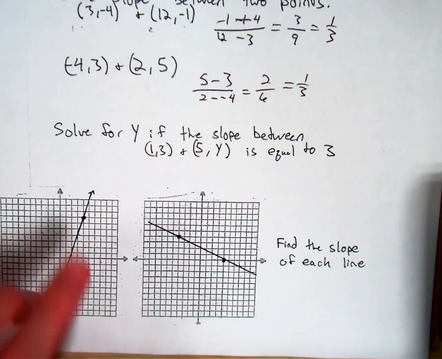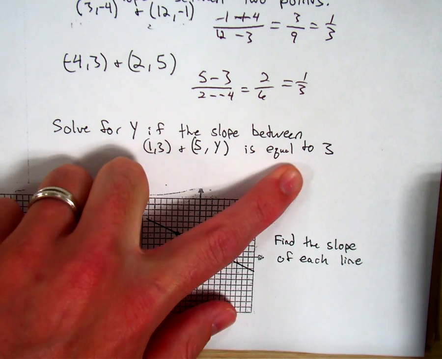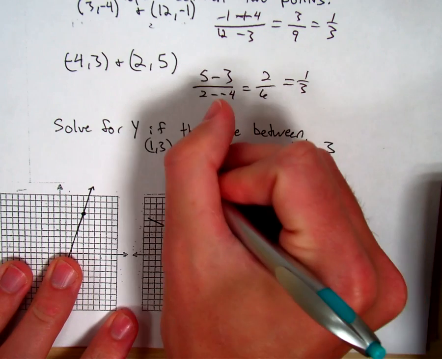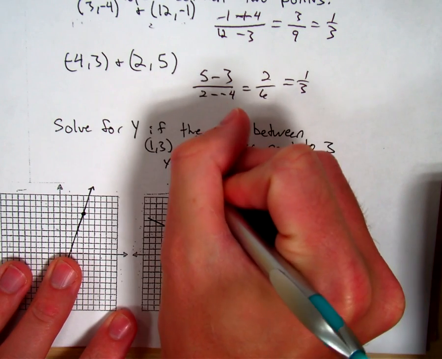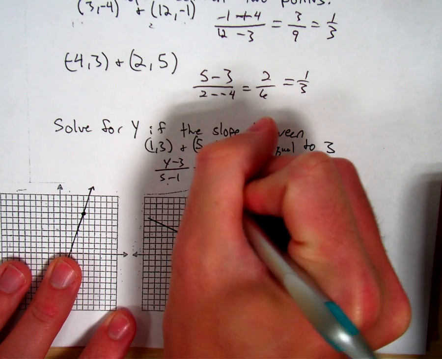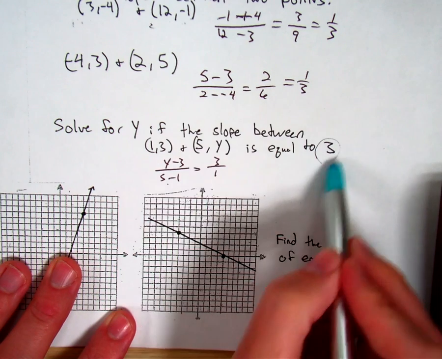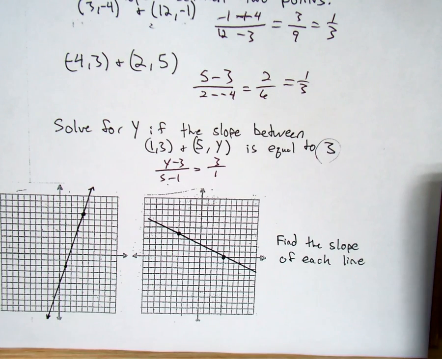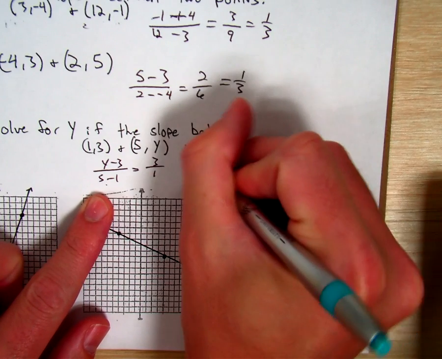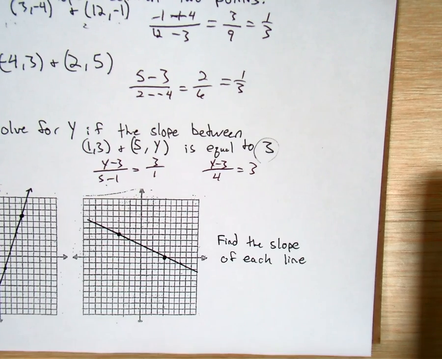What about if they gave you 2 points, but they had a missing coordinate, and you needed to make the slope equal to 3? Okay? So if I did y2 minus y1 over x2 minus x1, and I knew that was going to be equal to 3 over 1, or just 3. Alright, the bottom's going to be a 4, so I got y minus 3 over 4 equals 3.